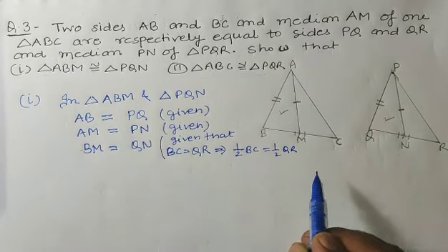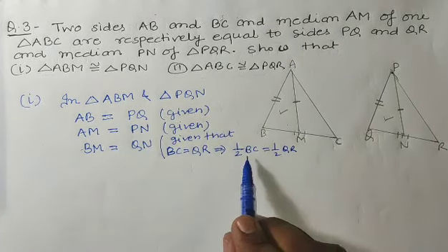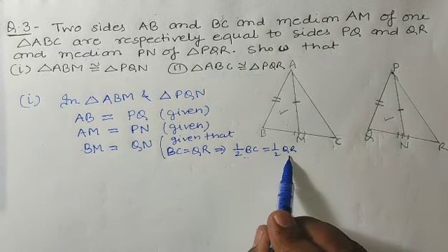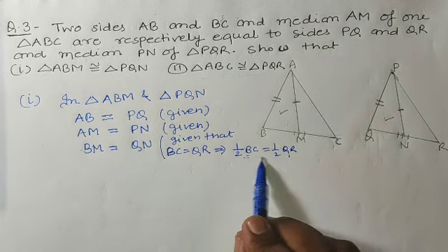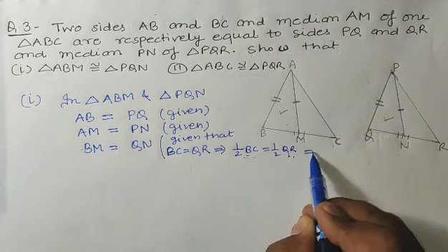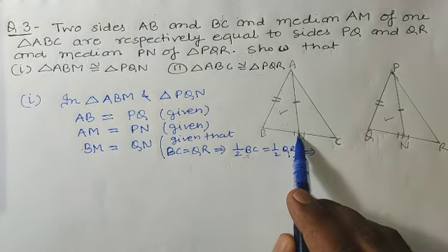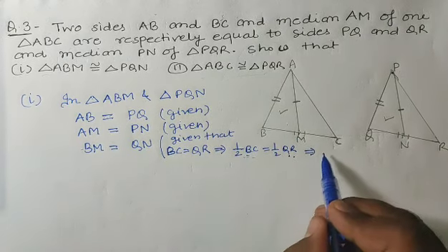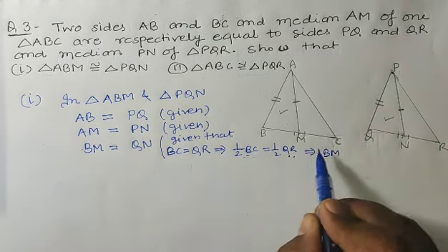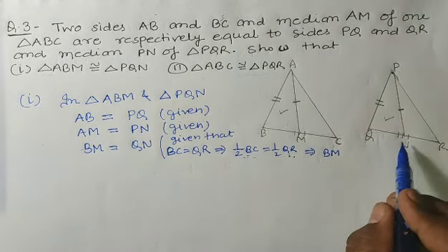If their wholes are equal, their halves will also be equal. Since AM is median, BM is half of BC, and half of QR we can write QN. So BM will be equal to QN.